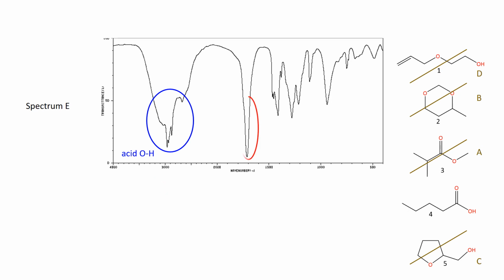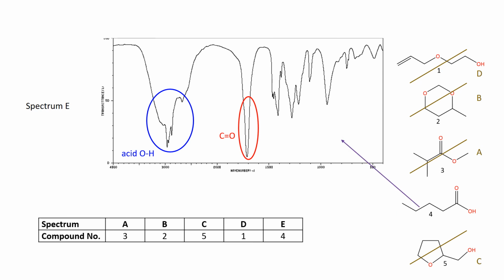And then, of course, the very distinctive C double bond O peak there, smack at about 1700, 1710. The combination of the OH and the C double bond O would at any point during question 1 have identified quite nicely compound 4, the acid. Okay, so overall, there are the answers for question 1.